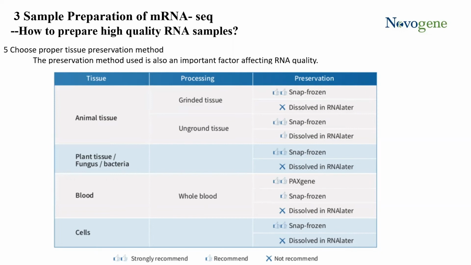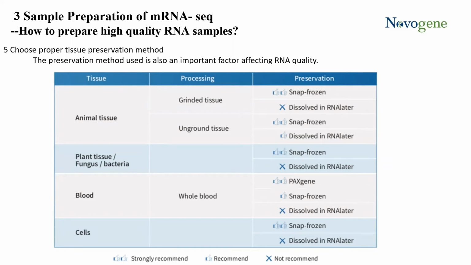If you're planning to ship unground tissue, we strongly recommend snap frozen, and you can also dissolve the tissue in RNAlater. For plant tissues, fungus, and bacteria, the highly recommended method is snap frozen. We do not recommend dissolving in RNAlater.